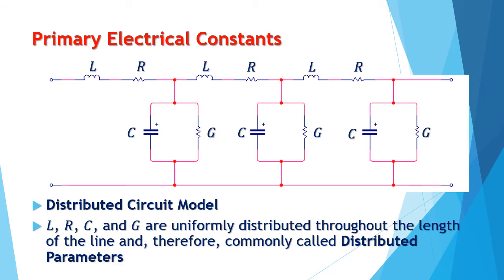As you can see, the distributed circuit model is just a collection of lumped circuit models. In here, we have the inductance, resistance, conductance, and capacitance. These are uniformly distributed throughout the length of the line, and therefore, these are commonly called the distributed parameters.